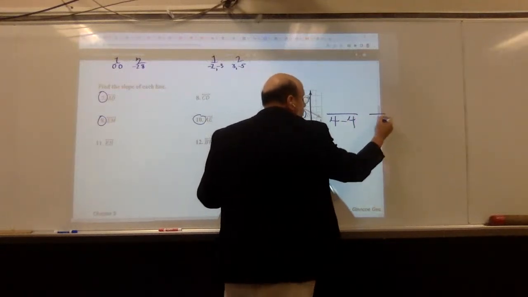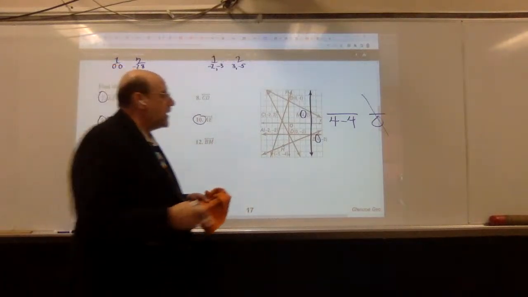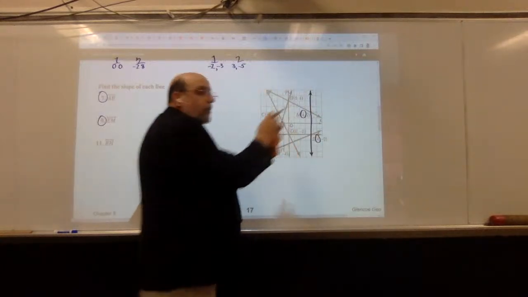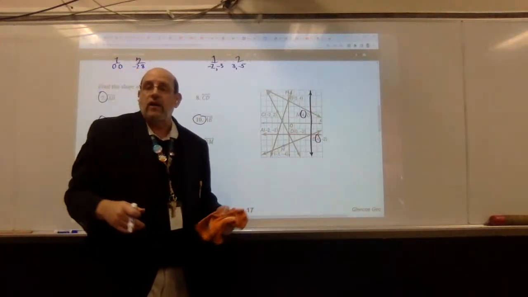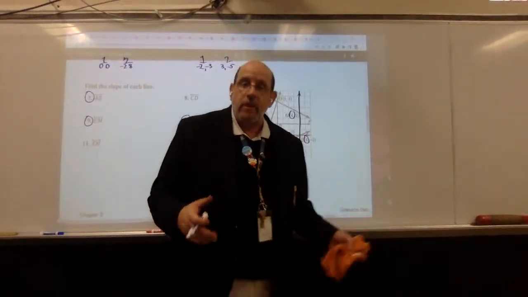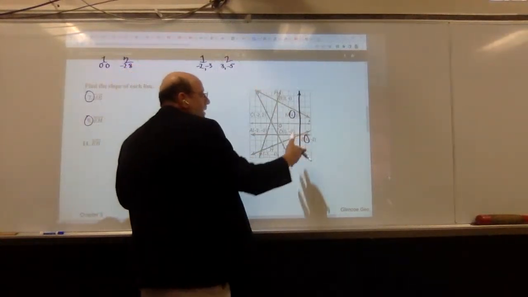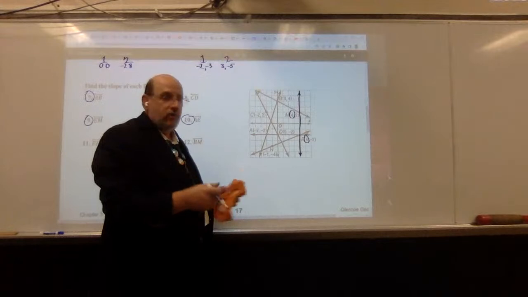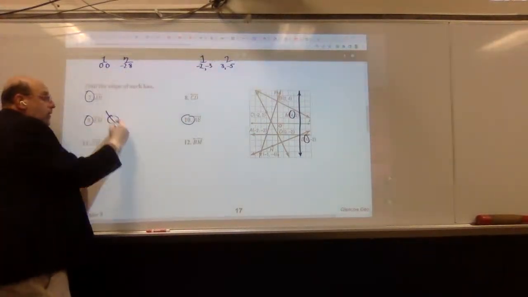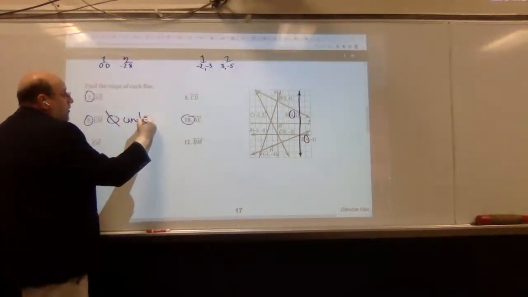Well, 4 minus 4 is 0, and we cannot have that. And what that means is that a vertical line has an undefined slope. And that undefined slope means that you can't list a slope. It means it's just undefined. So here I would write, I could put the empty set there, or I could just write undefined.